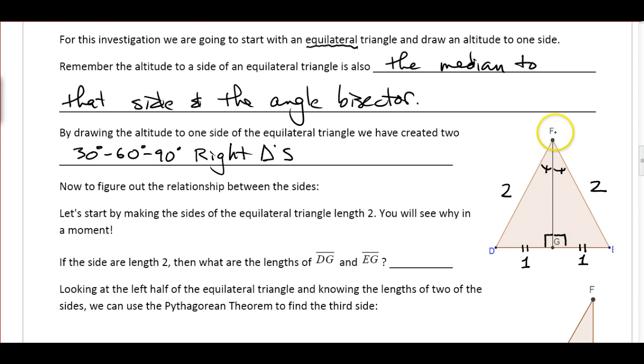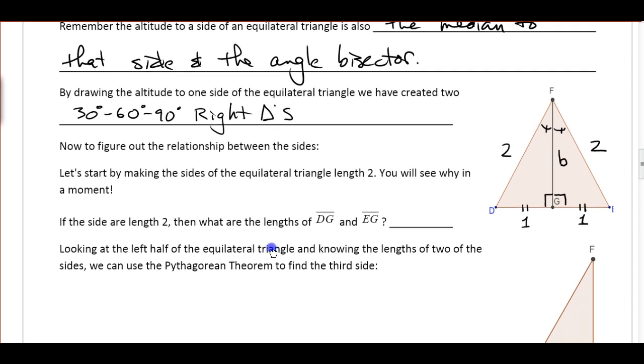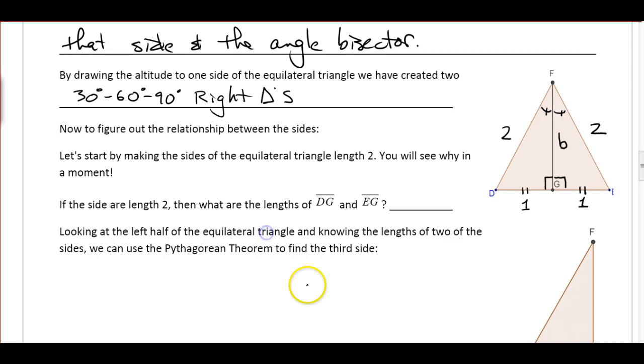And we've got to figure out what this third side here is. I'm just going to let it be the letter B. If the sides are length 2, then what are the lengths of DG and, I guess this is an E, EG? Well, we figured that out already. Those would each be 1.